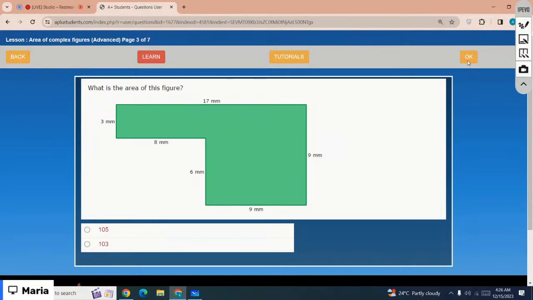Okay, what is the area? You need to calculate the area of the figure also. That is exactly the same like we did on the tutorial. So which is the correct option?